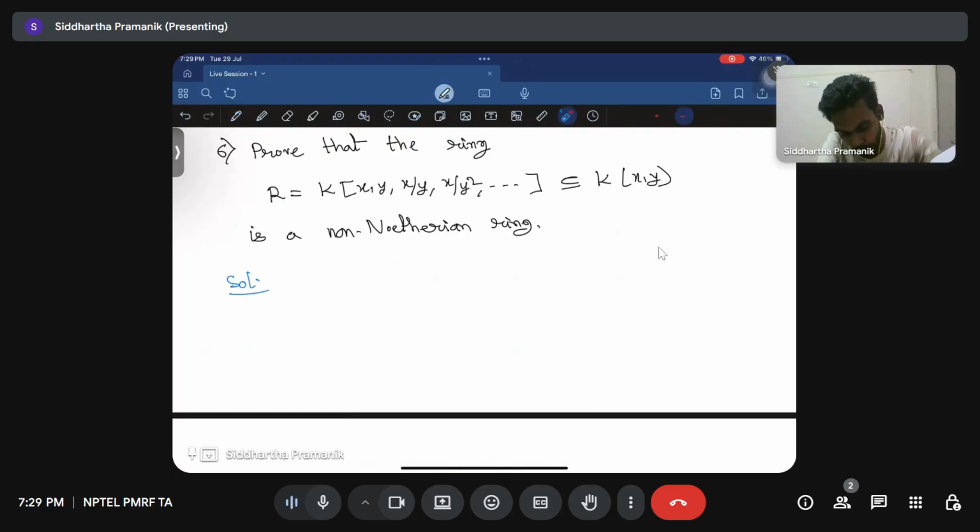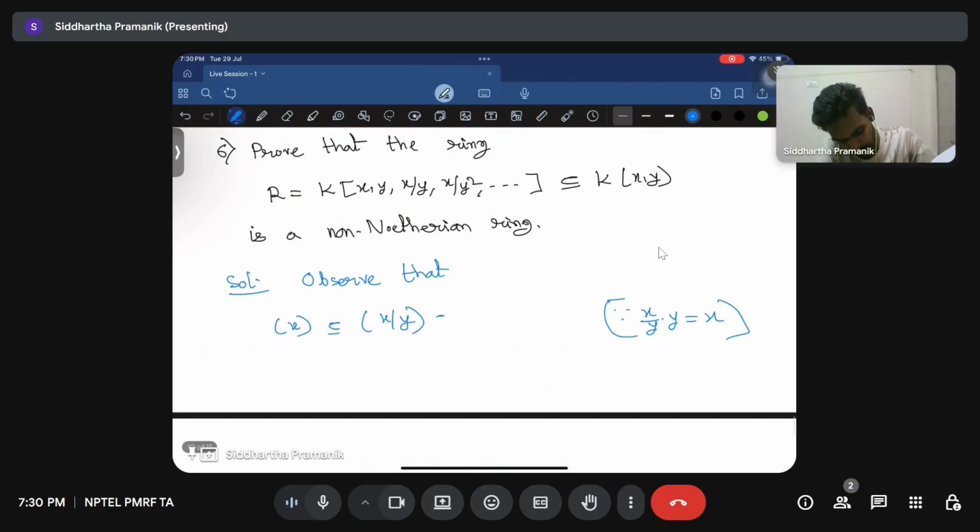Again, to prove that this ring is non-Noetherian, we will adopt the earlier method. We will find an ascending chain of ideals which does not stabilize. Observe that the ideal generated by x is contained in the ideal generated by x/y, because if you multiply x/y with y, it will give you x.